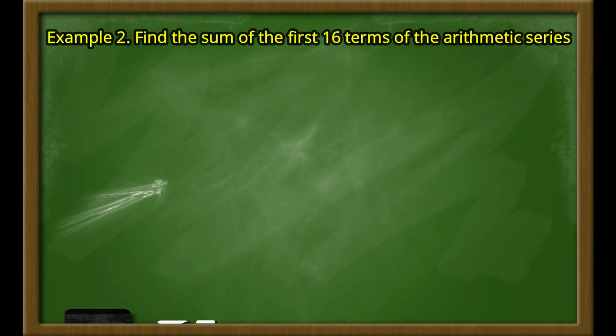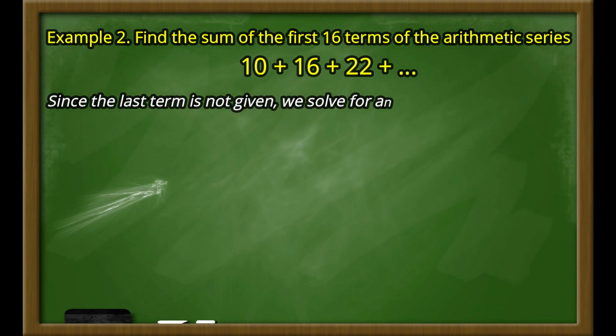Example number 2. Find the sum of the first 16 terms of the arithmetic series 10 plus 16 plus 22 and so on and so forth. Since the last term is not given, we will have to find A sub n or A sub 16. A sub 16 is the last term.